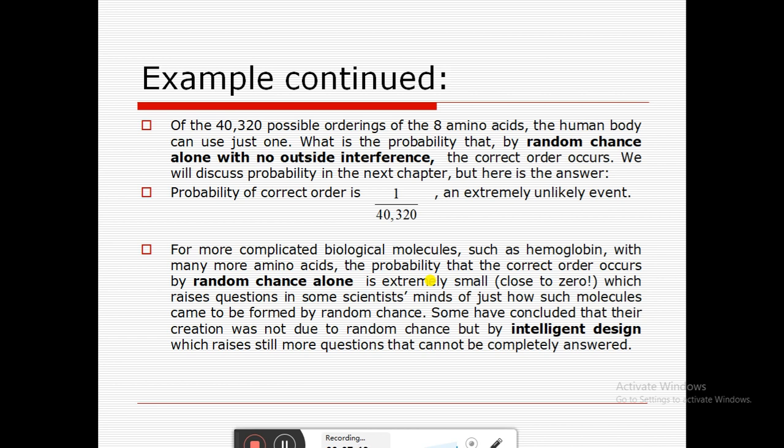Some have concluded that their creation was not due to random choice but is an intelligent design, which raises still more questions that cannot be completely answered.